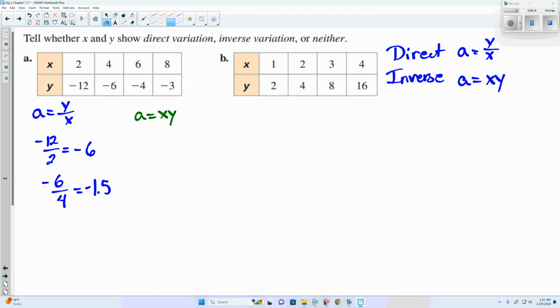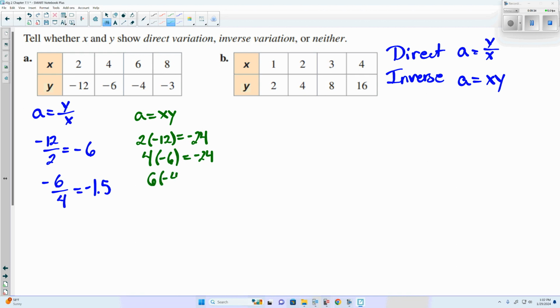All these values have to come out to be the same. So let's look at inverse here. A is equal to x times y, so we're going to multiply the two together. 2 times negative 12 is negative 24. Then the next one, 4 times negative 6 is negative 24.